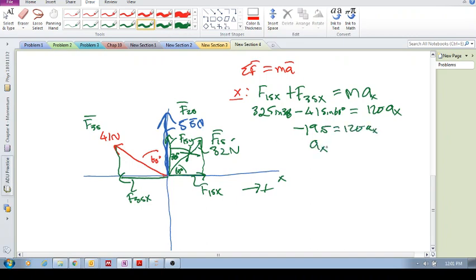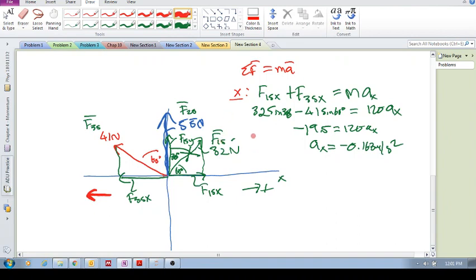And so AX is what? It's basically minus 0.163 meters per second squared. So these forces cause an acceleration in the x direction of minus 0.163. So there's an acceleration in that direction of 0.163.